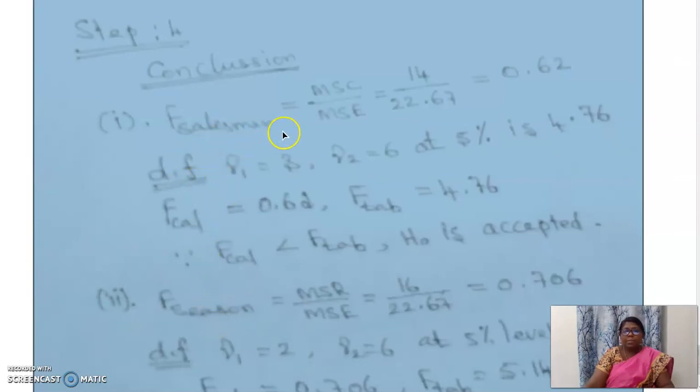Now F salesman equals MSC divided by MSE. You know all the values, just substitute, and you get 0.62.